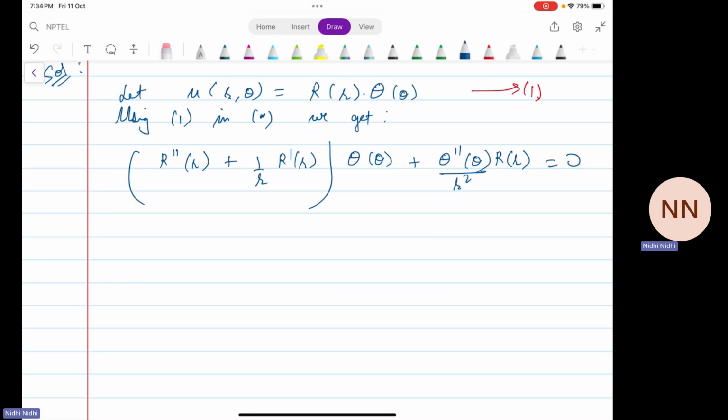So from here we will get minus (r square R double dash plus r R dash) by R is equal to Theta double dash by Theta.